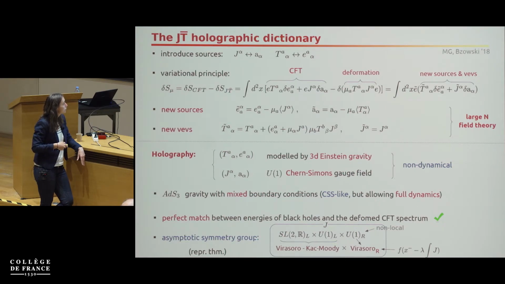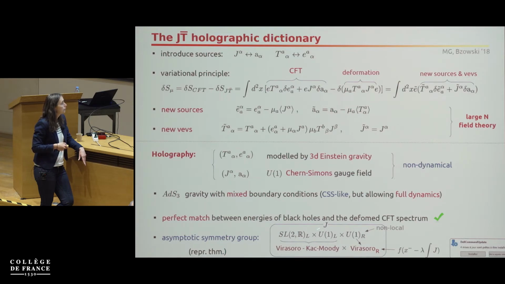And then we can do an asymptotic symmetry group analysis. In that paper, we actually did explicitly use the representation theorem that I just reminded you of, with the modified Lie brackets. And there we get, if these are the isometries of the solution, an SL2 left, the conformal symmetry on the left.